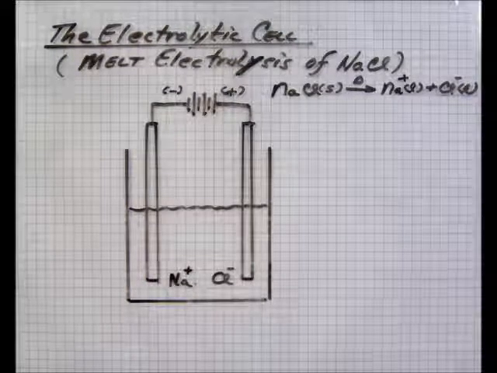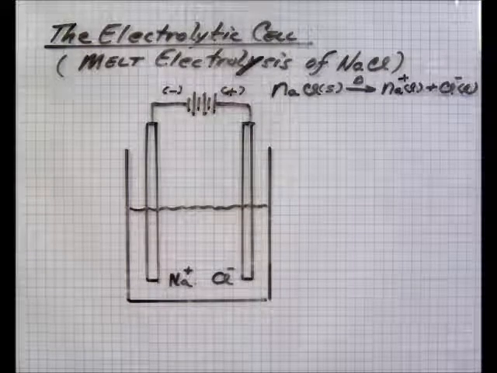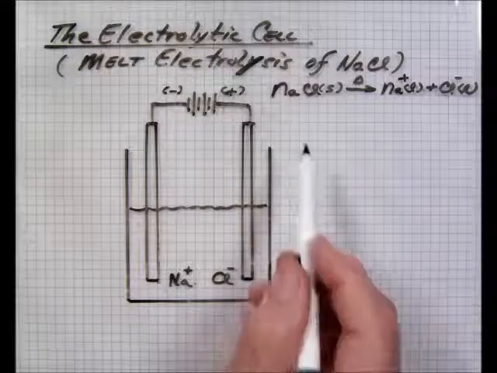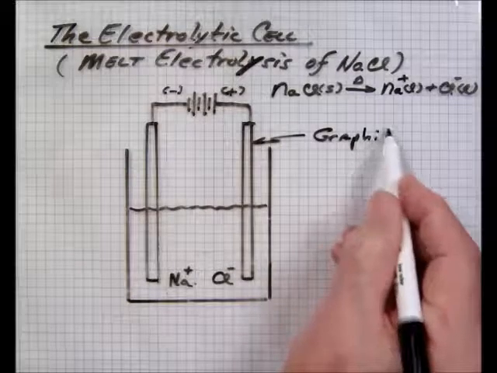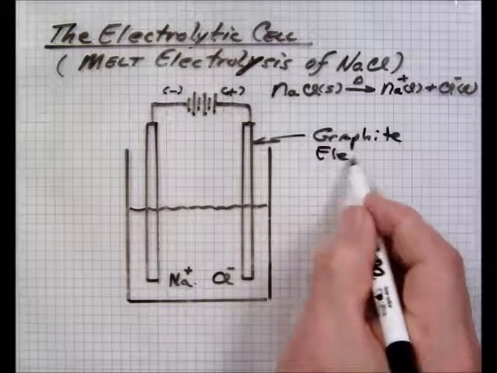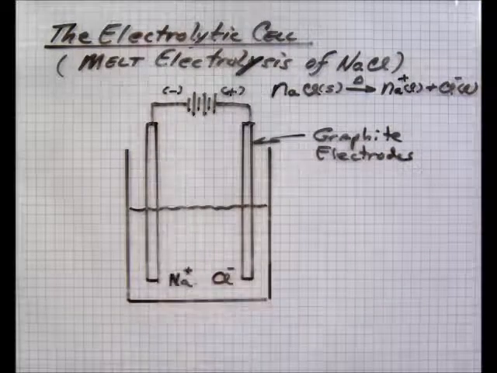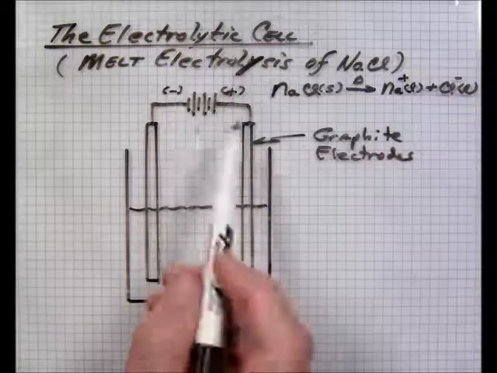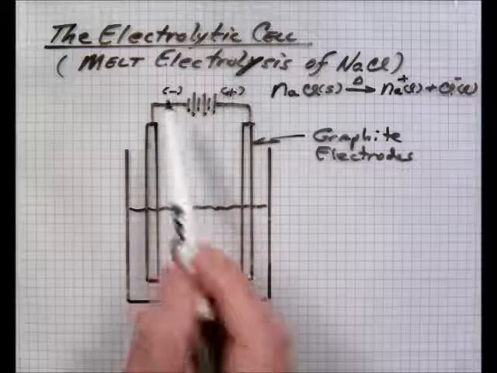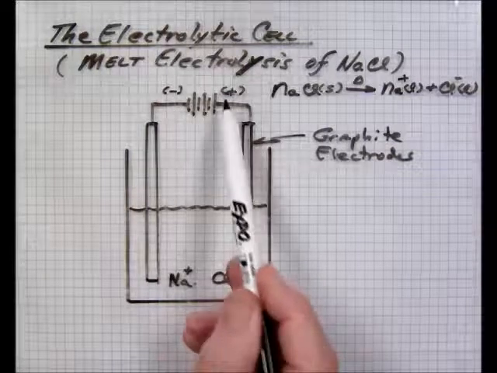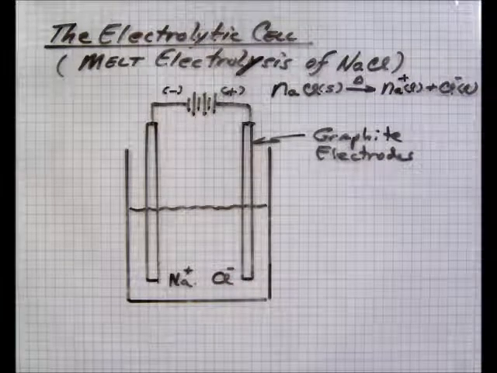Now, the electrodes are usually inert electrodes, typically platinum or graphite electrodes, which are connected to a transformer or a battery. Here in the symbology, the short side line indicates the negative pole of the battery, and the long side represents the positive pole of the battery.